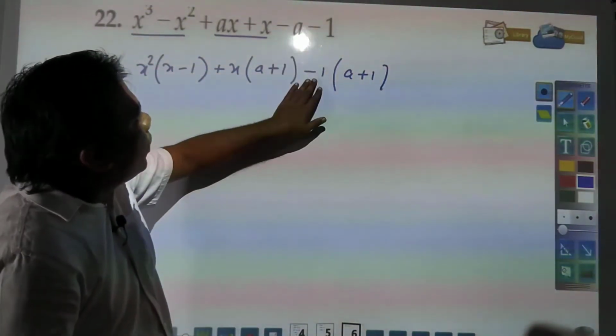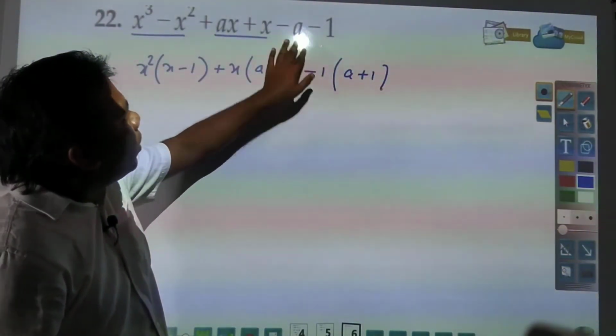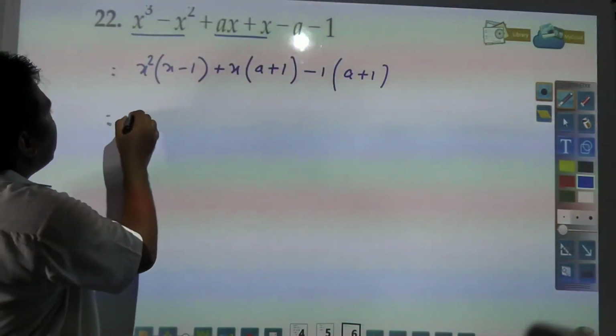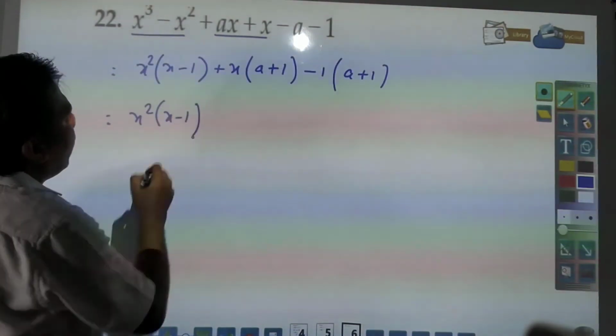Minus we have taken out, or minus 1 can be taken out and we will be left with a plus 1. Now here you see x square times x minus 1.